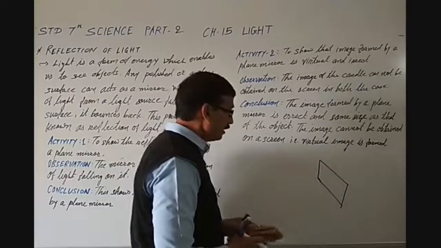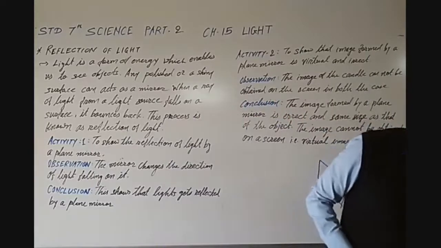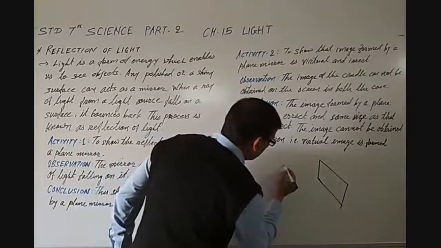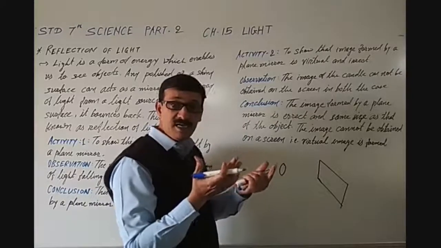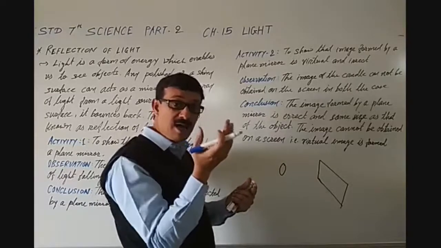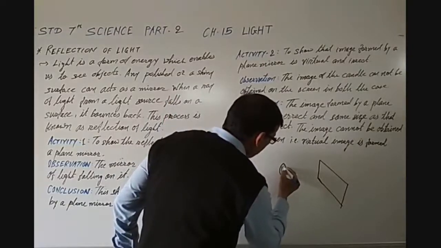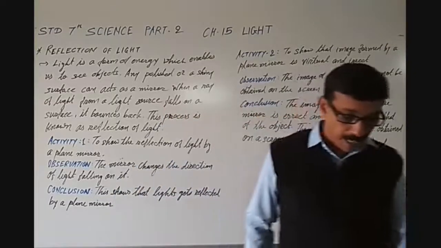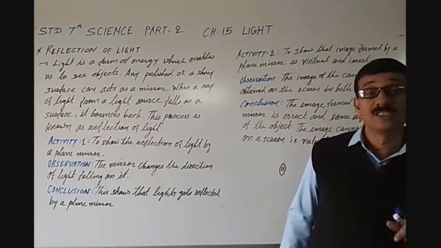We have to take a mirror, then we have to keep a torch somewhere over here. Suppose this is the glass of the torch, and on it there is that chart paper with three slits, okay? So suppose these are the three thin slits, okay? Now what to do? Now direct the beam of light on the mirror from the torch with slits.